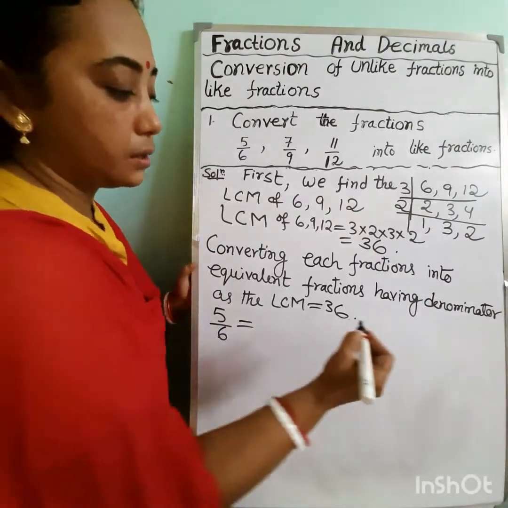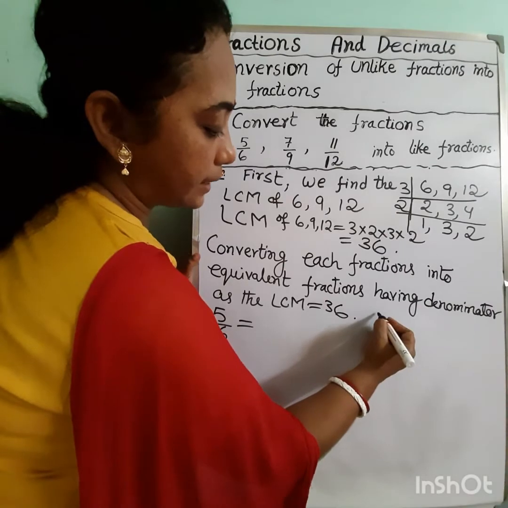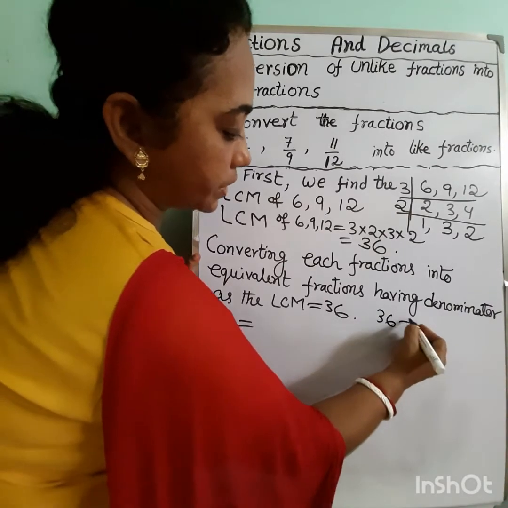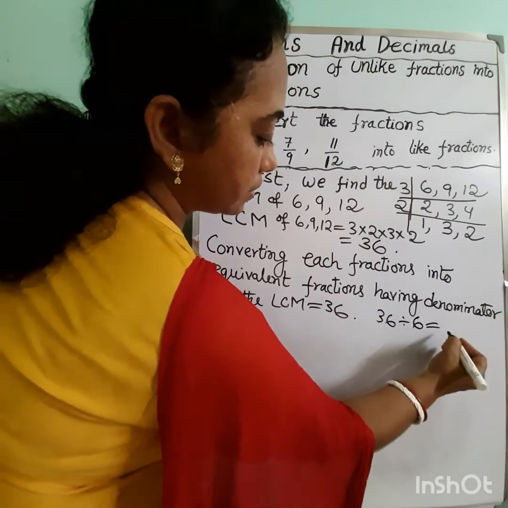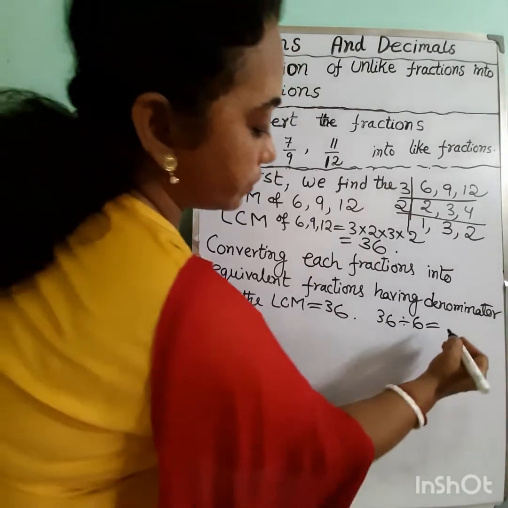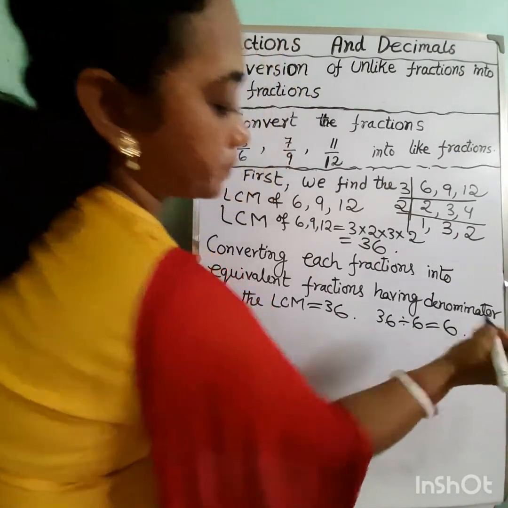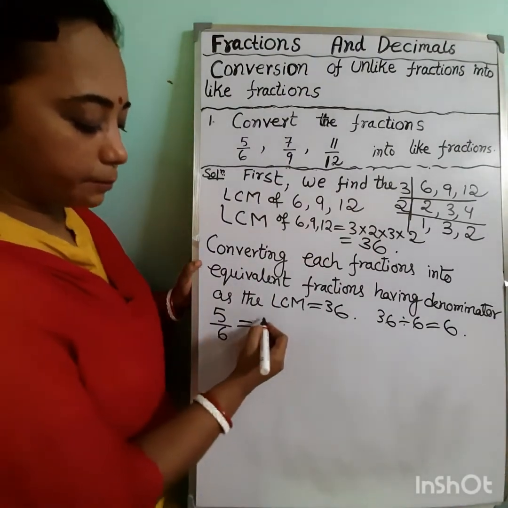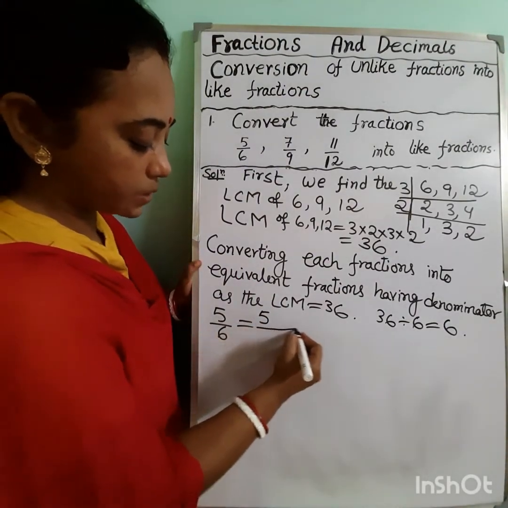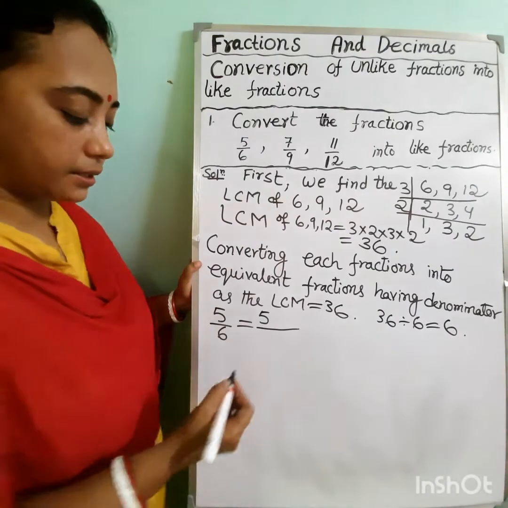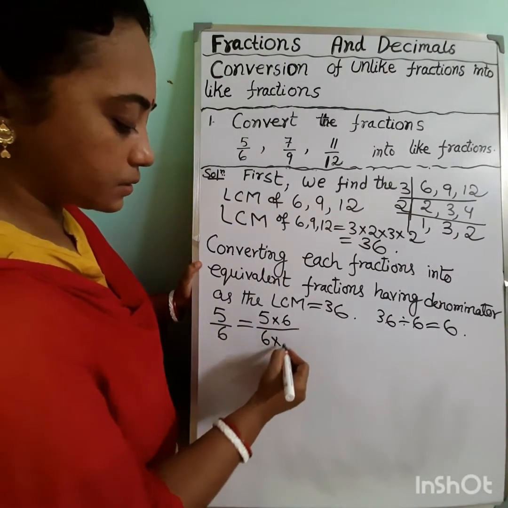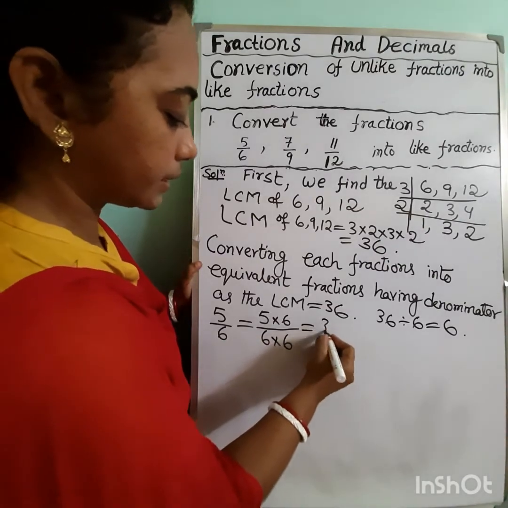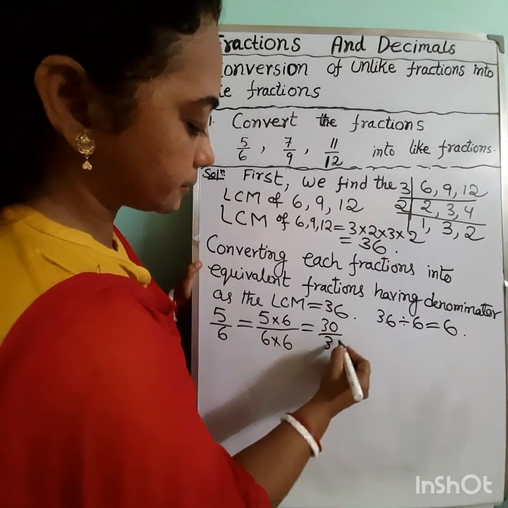If we divide 36 by 6, we get 6. So if we multiply the numerator and denominator by 6, we get the denominator as 36. So multiplying the numerator and denominator by 6, we get 30 by 36.